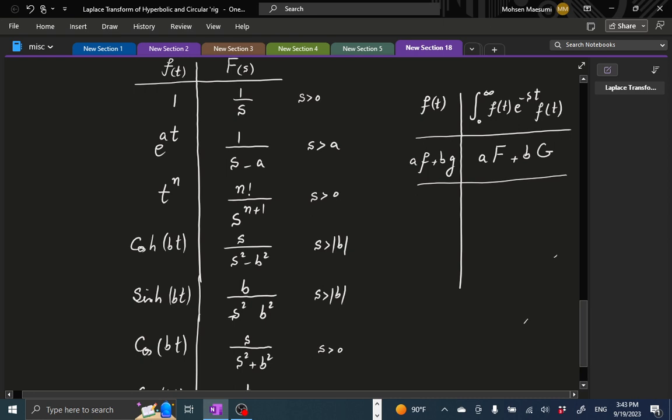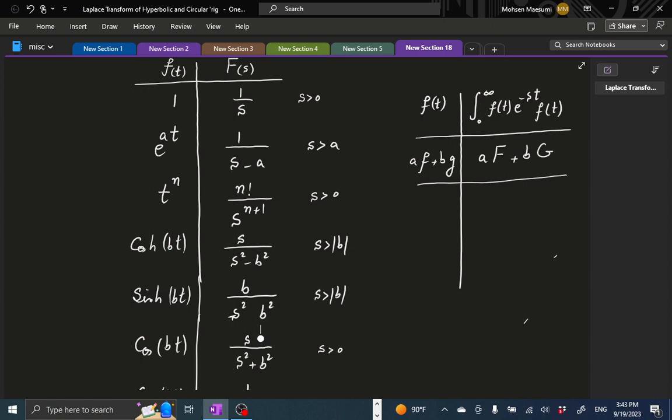If you have some product of two functions or division of two functions and such, we cannot go ahead and take the Laplace transforms of the individual components and say multiply them or divide them. So for example, if you have exponential times polynomial, this times that, we can't simply just multiply this one with that one.